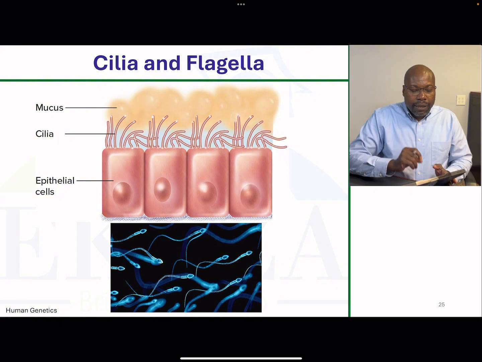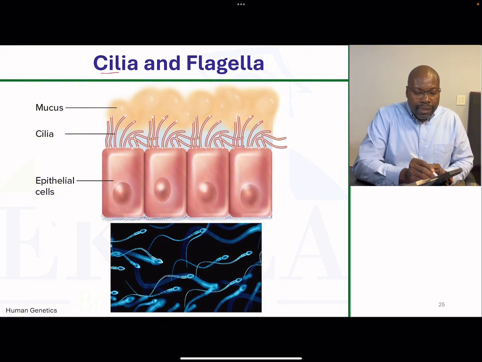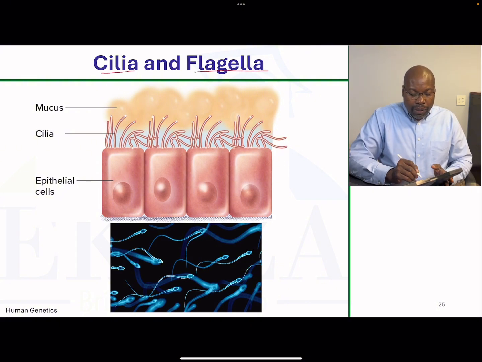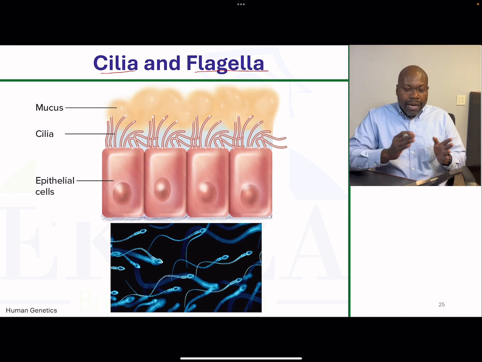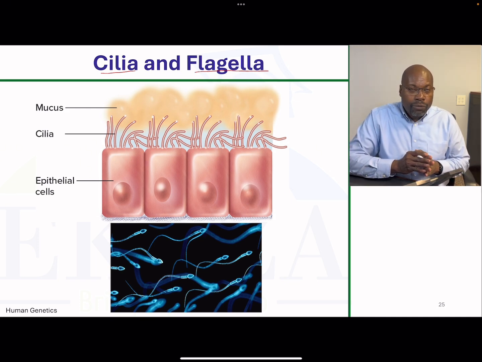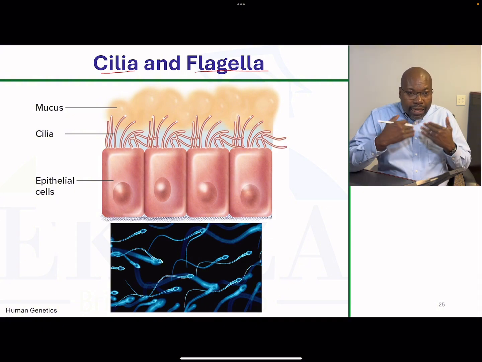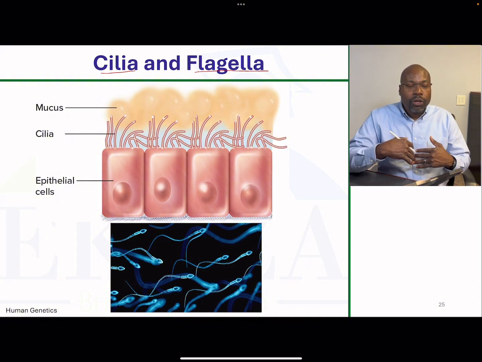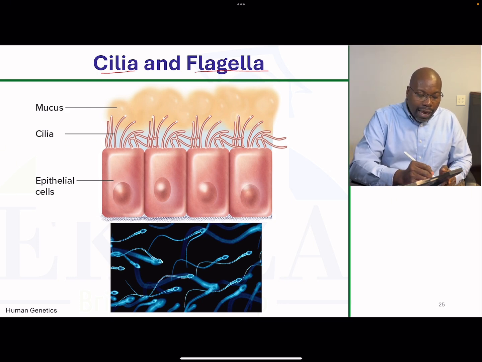Finally, let's talk about the cilia and the flagella. The cilia exist on the surface of some epithelia, such as, for instance, the trachea. Along the trachea, you have epithelial cells that are columnar and that have the cilia.